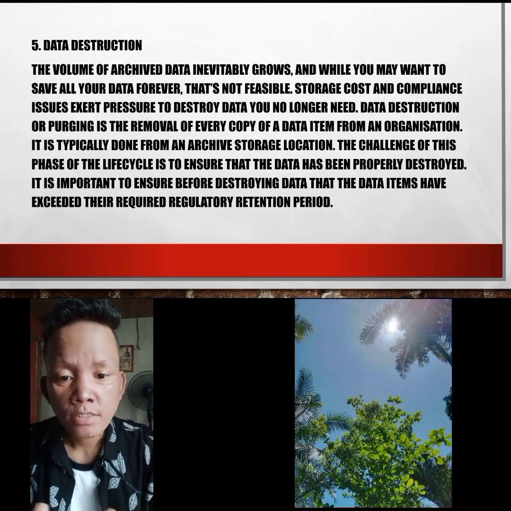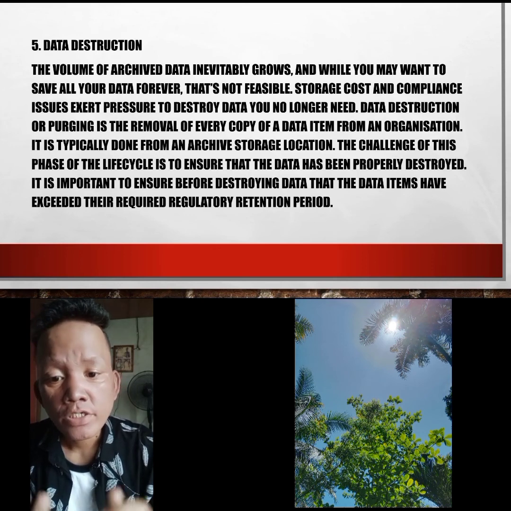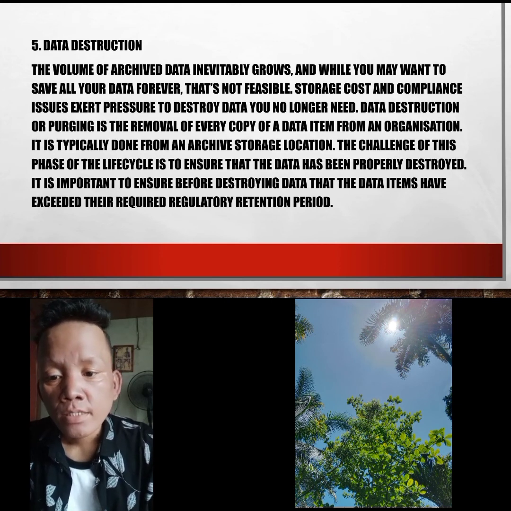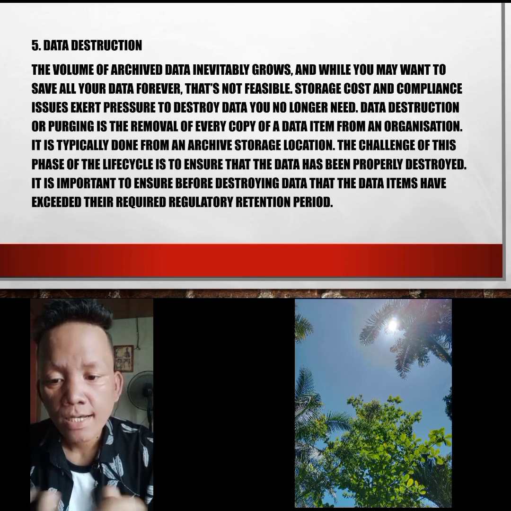The challenge of this phase of the life cycle is to ensure that the data has been properly destroyed. It is important to ensure, before destroying data, that the data items have exceeded their required regulatory retention period.